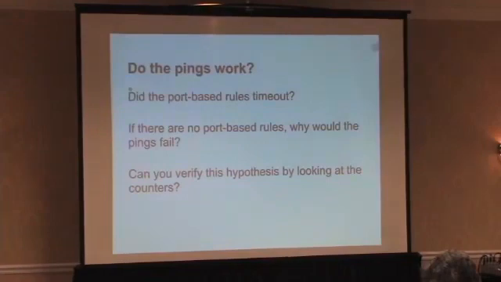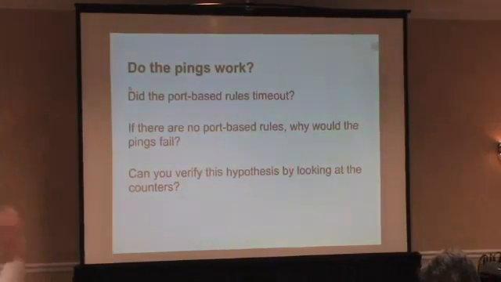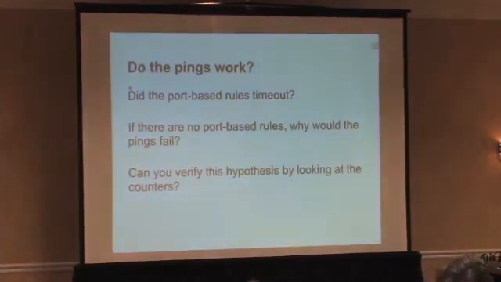The reason is that the IP rules have a higher priority. When a packet comes in on port 1, it's going to match both the port rule and also the IP rule. But since the IP rule's priority is higher, the flow entry that's going to be used is the one with the highest priority, and so its counters will be incremented.